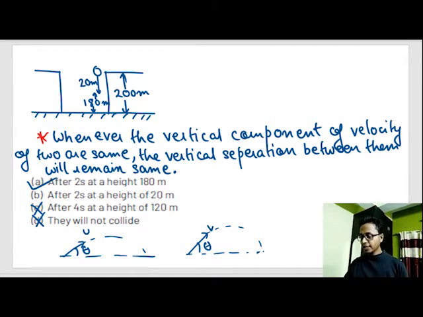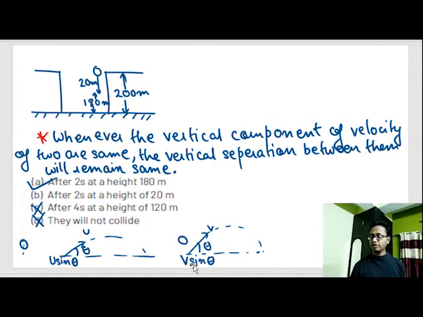If u sin theta is equal to v sin phi, that means the vertical component of this projectile would be out here, and the same vertical component of the right projectile would be out here, if they are thrown at the same time. The vertical positions of both projectiles will be the same if their vertical velocities are the same.